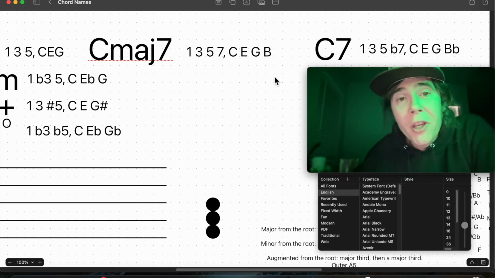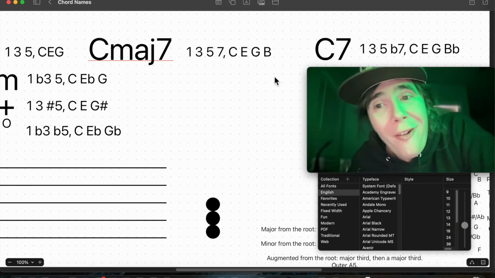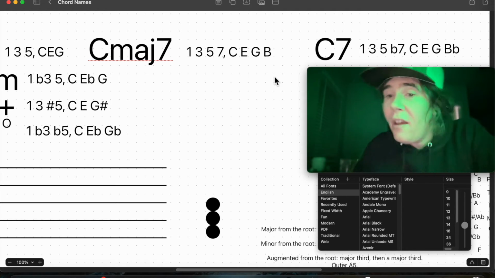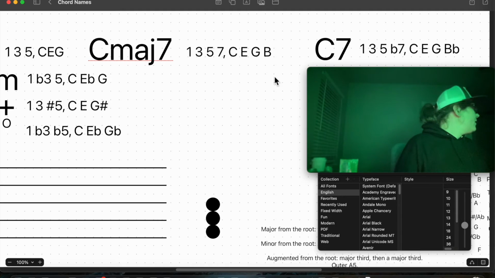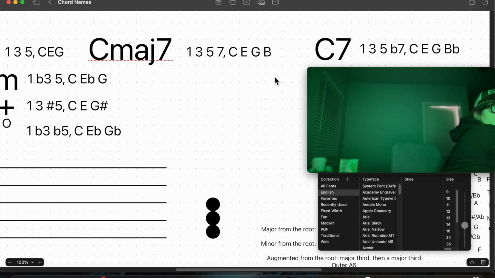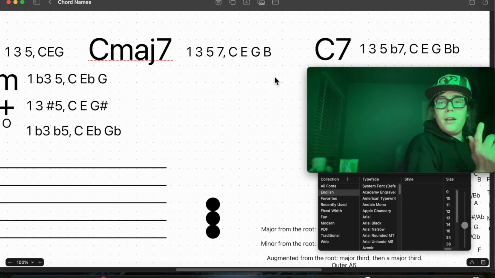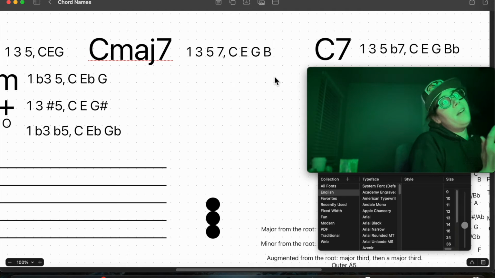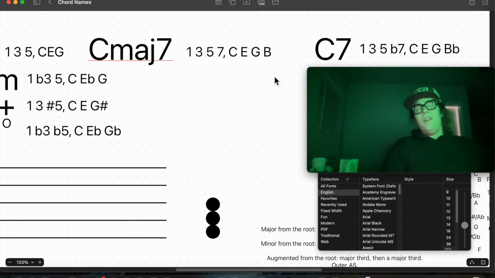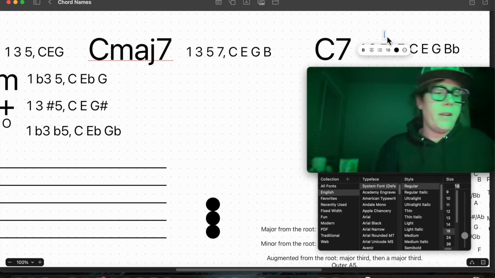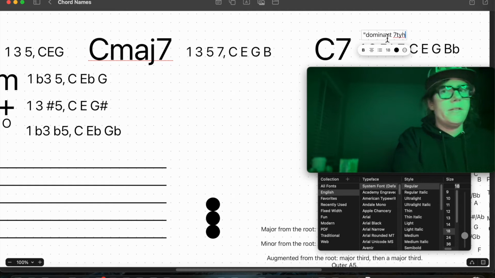I'm going to say that again. When we see the 7 by itself, it infers a flat 7th. What does that sound like? Well, C, E, G, our major chord. That's a different sound. Here's C major 7. The other term for this is dominant 7th. This is what people mean when they say a dominant 7th.